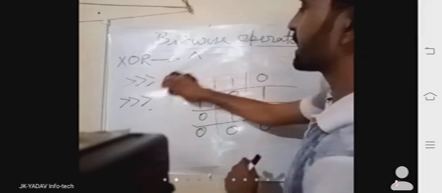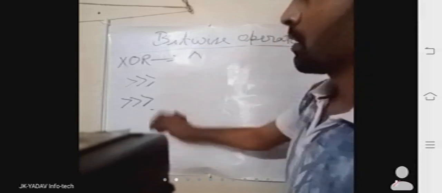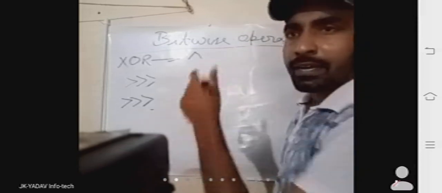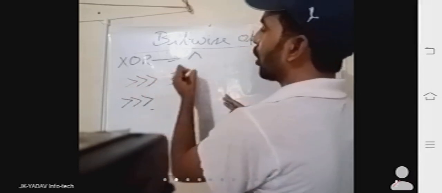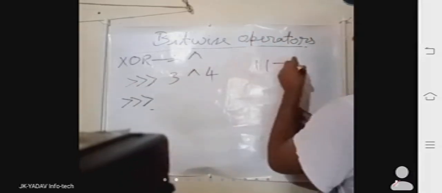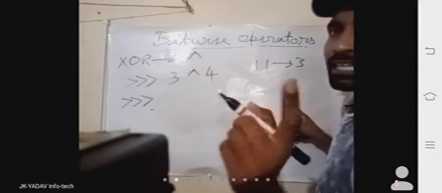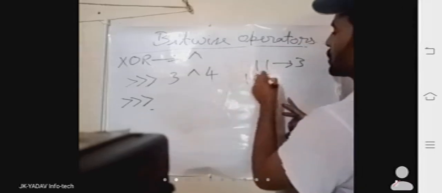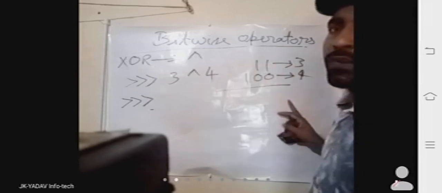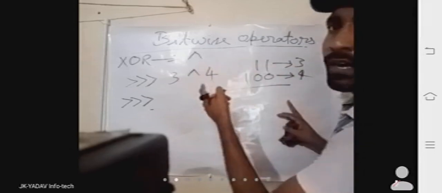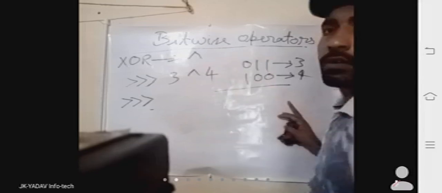Now let me tell the example. Suppose I compare 3 XOR 4. The binary of 3 is 1 1. The binary of 4 is 1 0 0. Now if you compare regarding XOR, let us take here 0.